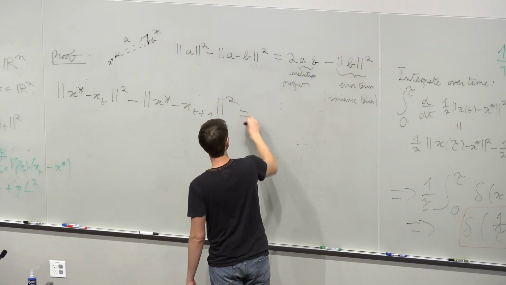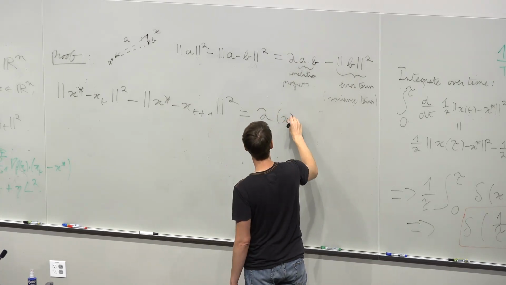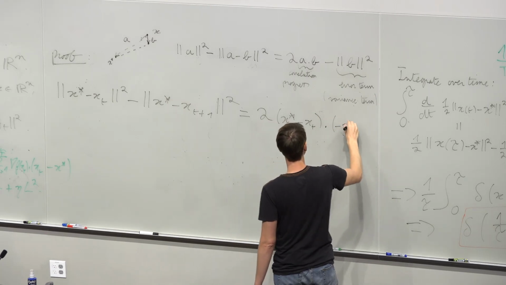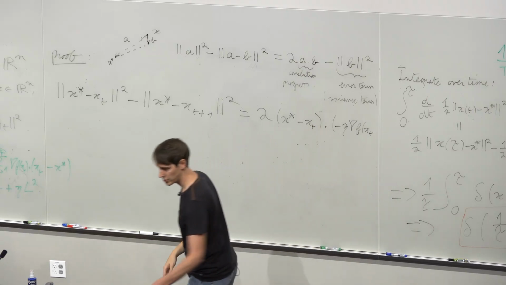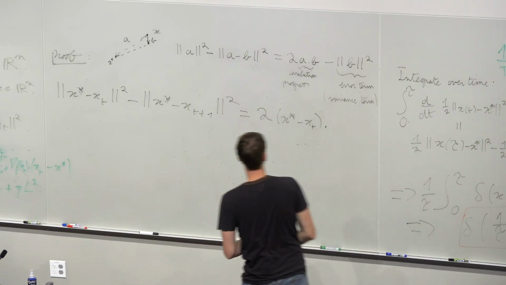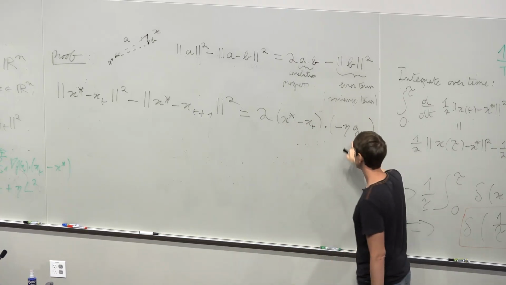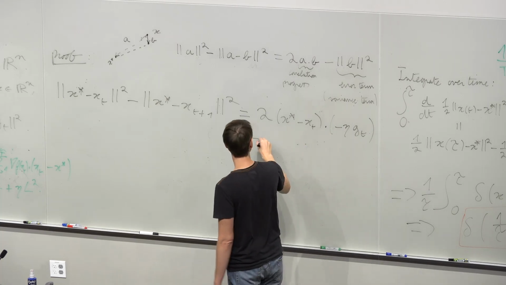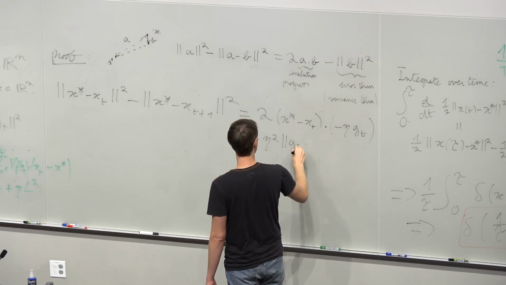So this equals twice the inner product, where A is x star minus xt, and B is minus eta gt. That's our B vector. We're stepping in the minus eta gt direction. Minus eta squared, norm of gt squared.